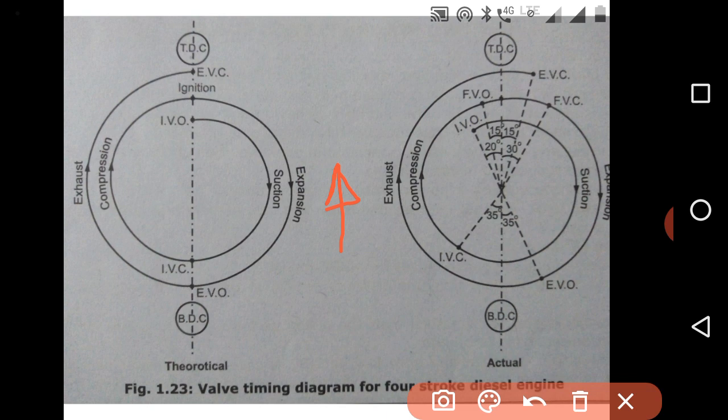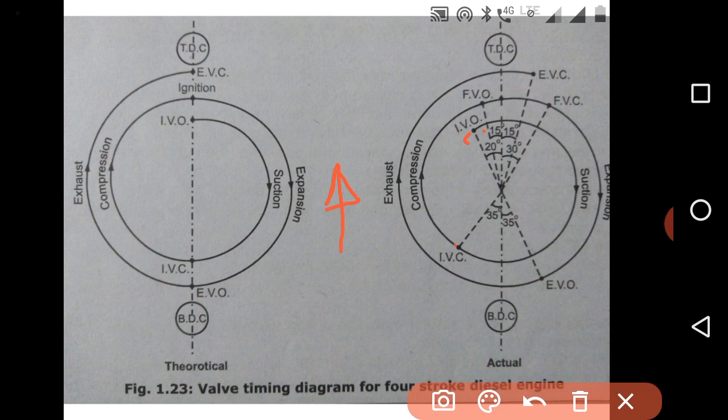So in the diesel cycle, instead of opening the inlet valve at top dead center, we are opening it 20 degrees before top dead center, and we close the inlet valve 30 to 40 degrees after bottom dead center.